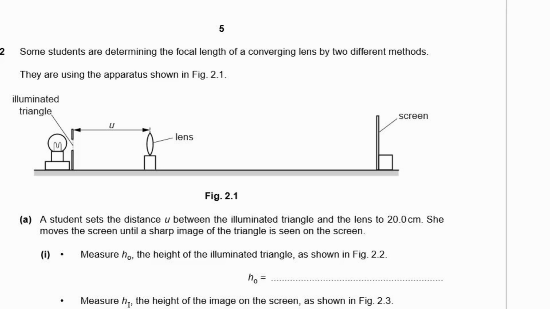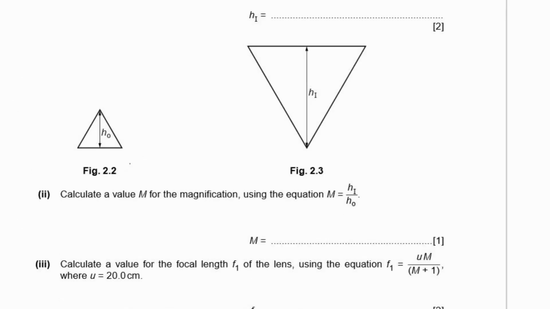So let's go and look at them. There we are. Now, what it looks like it's asking us to do is measure the inside of the triangle. Okay, so there we go. And measuring this here, what I get is 1.5 centimeters for that height h0, and for hi, the height of the image, I'm getting a measurement of 4.0 centimeters.